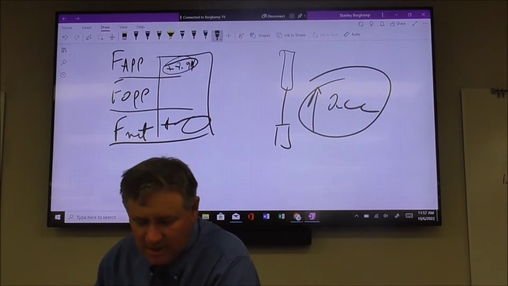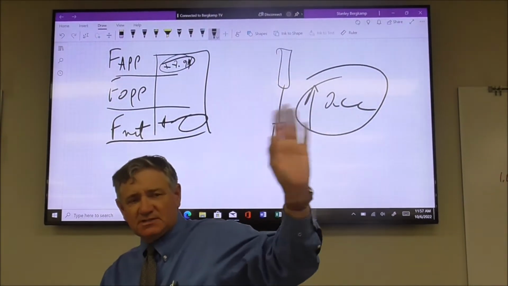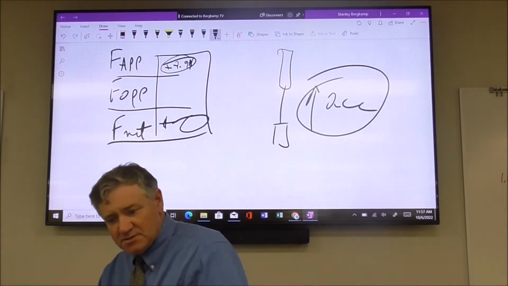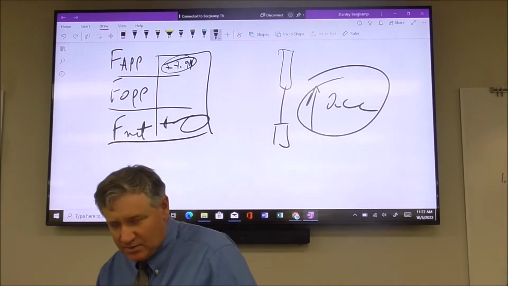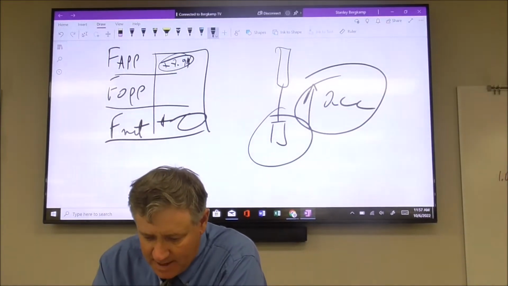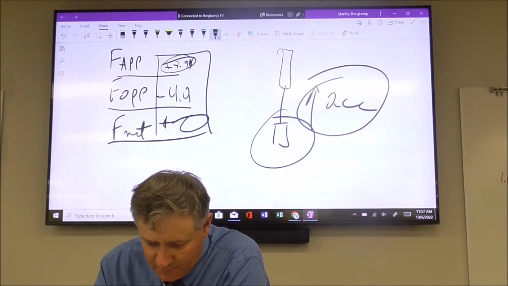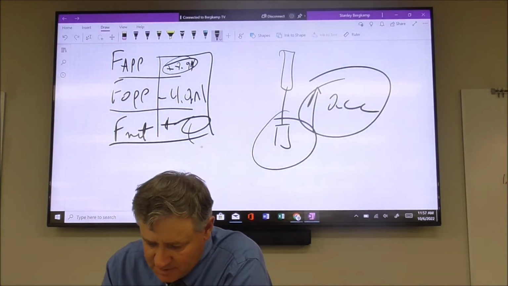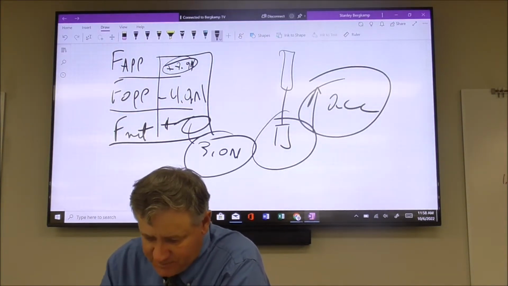Let's say it's 7.9 newtons, I'm just making up a number. Your opposing force is what you have to pay off to the gravity mafia, which in this case, because it's a 500-gram mass, is going to be negative 4.9 newtons. So that leaves you a net force of 3 newtons.